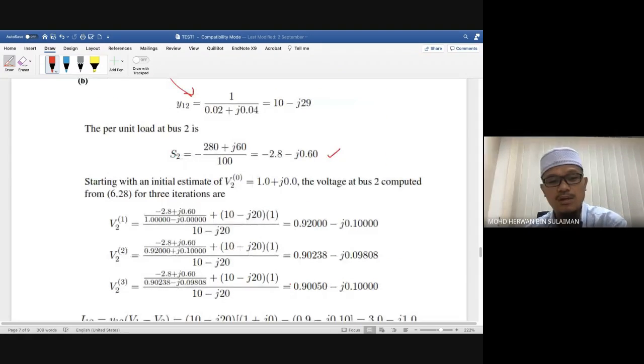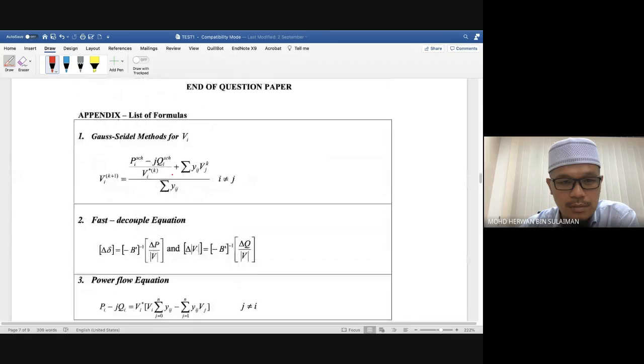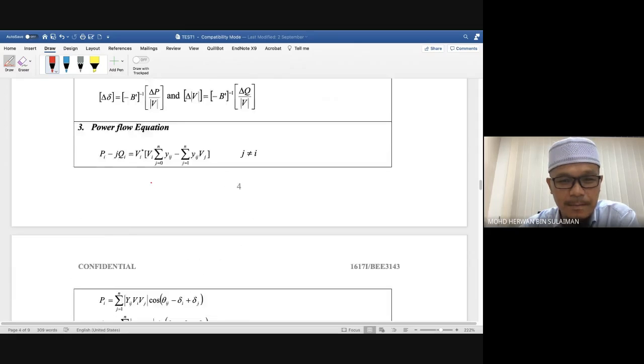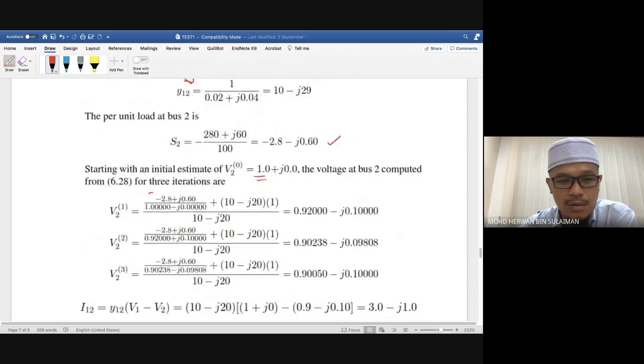And then we start with our estimation of V2, 1 per unit, and then the voltage at bus 2 is computed from the equation. You can find this one is P, right? Kena ingat balik, dia ialah negatif kan? Equation tadi apa? P schedule minus J Q schedule divided by V conjugate, this one, right? This one is 2.8 minus J 0.6.